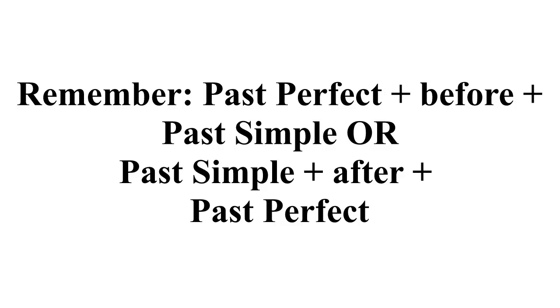If you wanted to reverse that, we would have past simple after past perfect. So my wife came home, past simple, after I had eaten my dinner. So past simple, after, past perfect. Okay? So quite similar to the while and the when for the past continuous and the past simple as well.